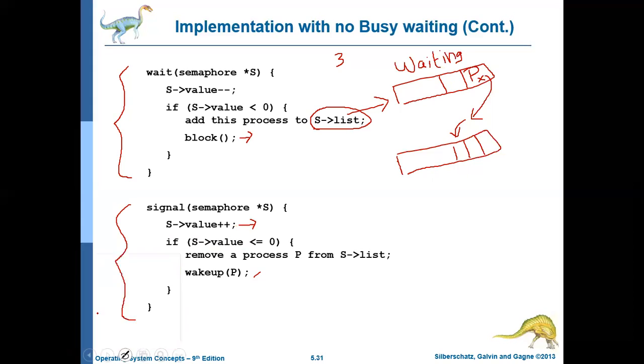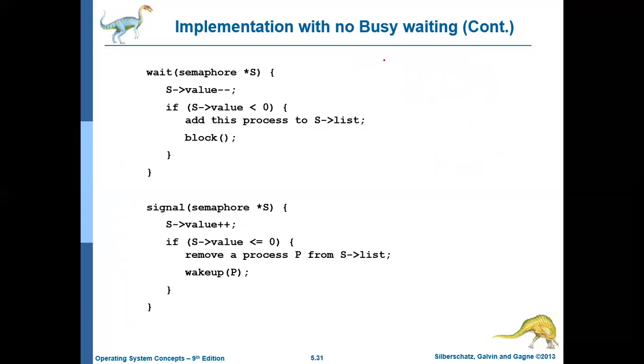For simplicity, let us assume the number of resources available is 3. For a particular resource, we have 3 instances available. A process P1 wants that resource, so P1 will call the semaphore s.